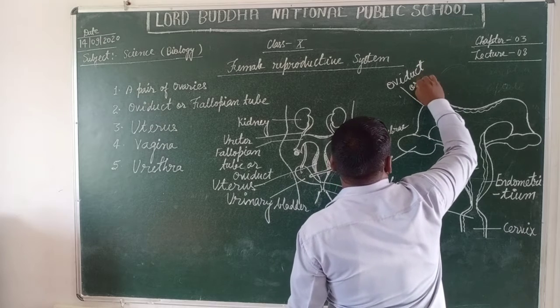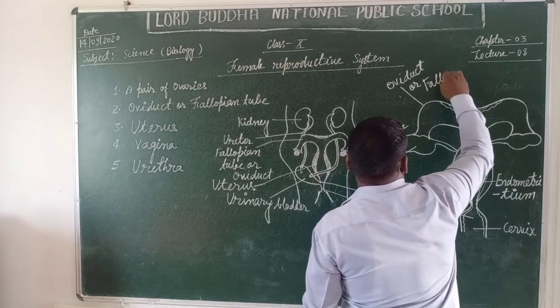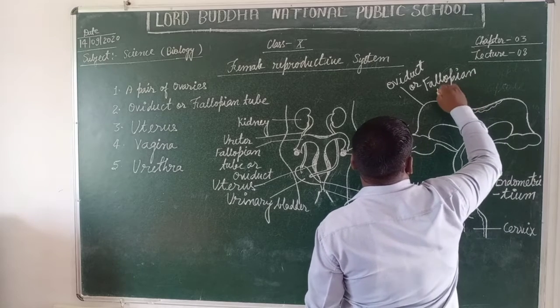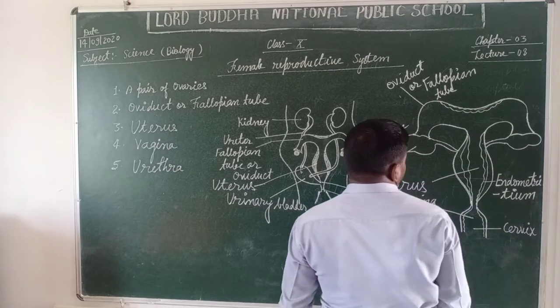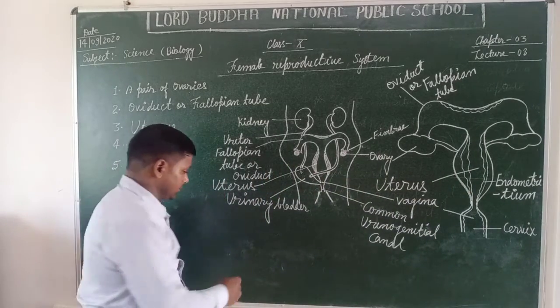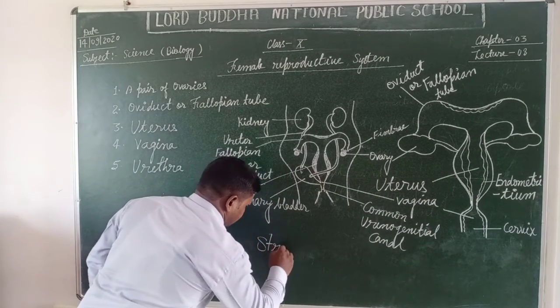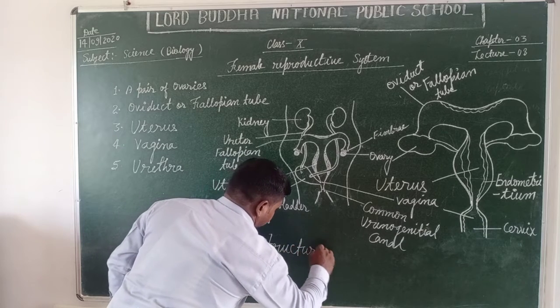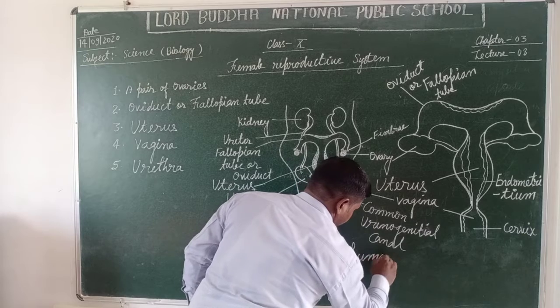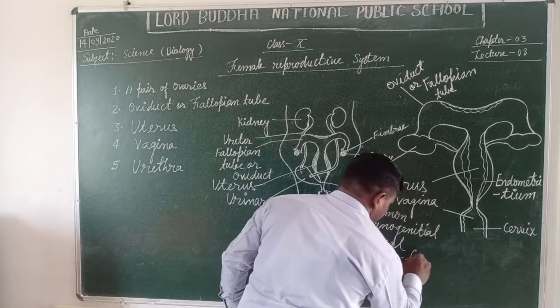Oviduct or fallopian tube. Thus, students, this is the structure of the human female reproductive system.